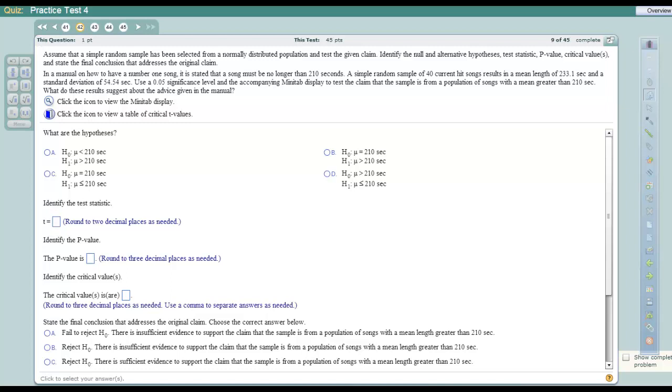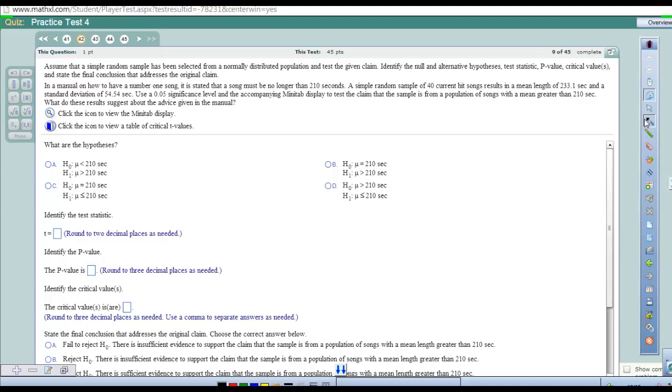Got to do this really quickly. The hypothesis would be, we got to vote for B. The claim is it must be no longer than 210, so that's greater than 210. Can't be D because that has equality. I don't like C because C has equality too.